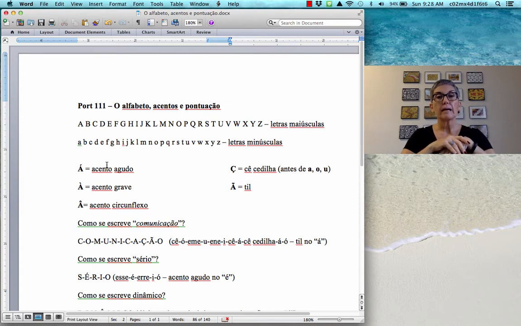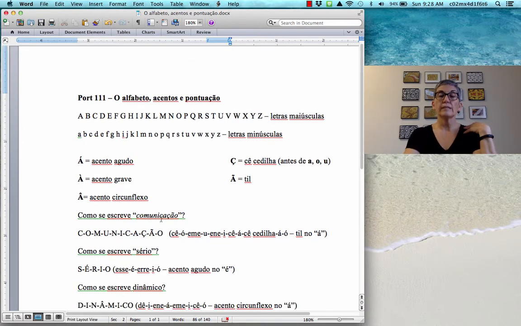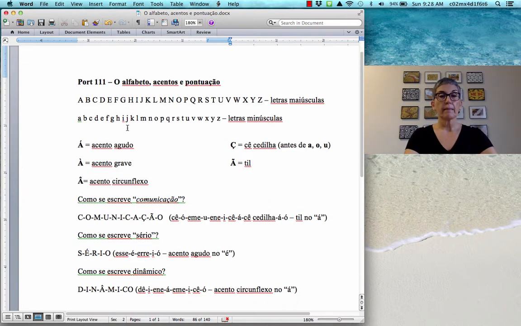And then you have the C cedilha and the til, okay? That also, the til indicates that the A is pronounced with a nasal sound, okay? And you will see this acento grave and acento agudo. You can see this with the vowel E. So if you have the acento agudo, it's going to be open. If you have the circunflexo, it's going to be closed, okay?